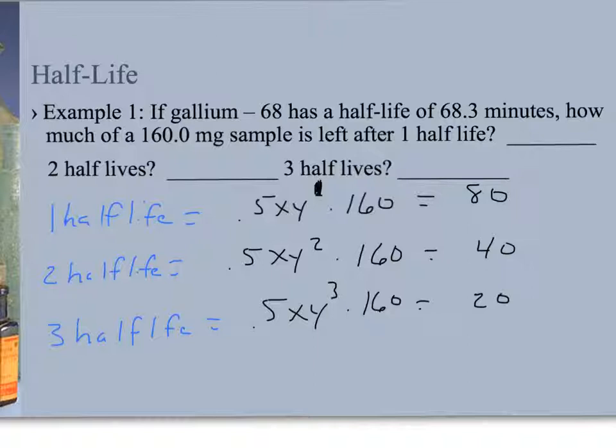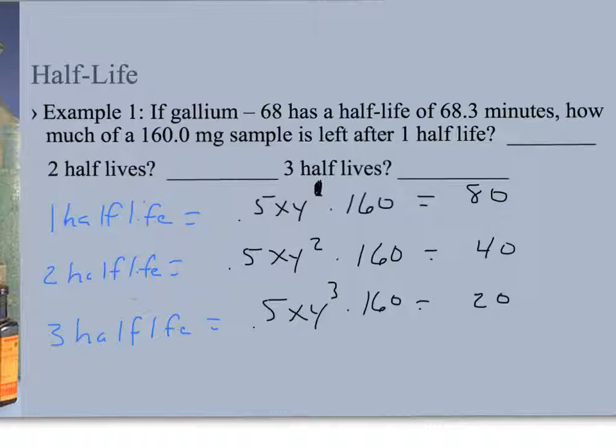Here we have an example of gallium-68, half-life of 68.3 minutes. How much of a 160 milligram sample is left after 1 half-life? Well, with 1 half-life, we would take 0.5 x to the y, 1, times 160, and we would have 80 left over. How much would remain after 2 half-lives?